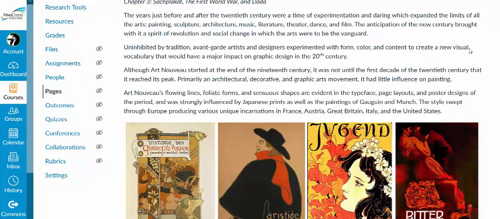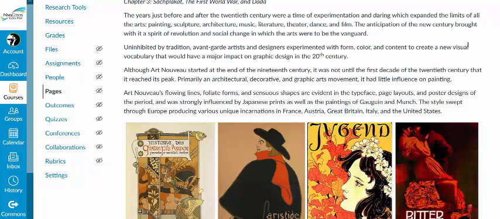And Art Nouveau's flowing lines, foliate forms, and sensual shapes are evident in the typefaces, page layouts, and poster designs of the period. And the style swept through Europe, producing various unique incarnations in France, Austria, Great Britain, Italy, and the United States.